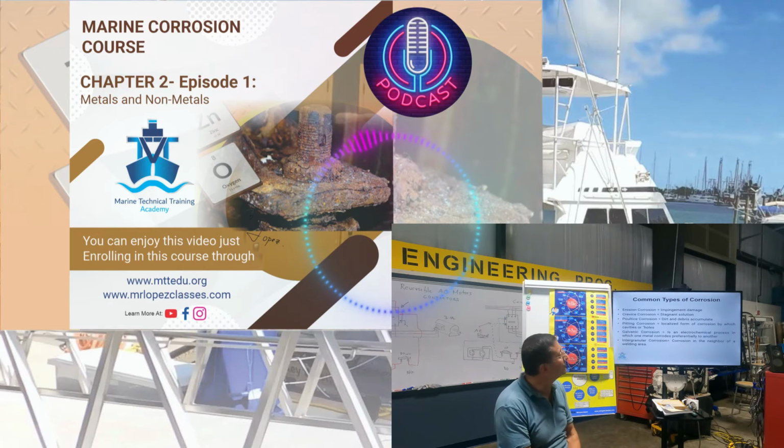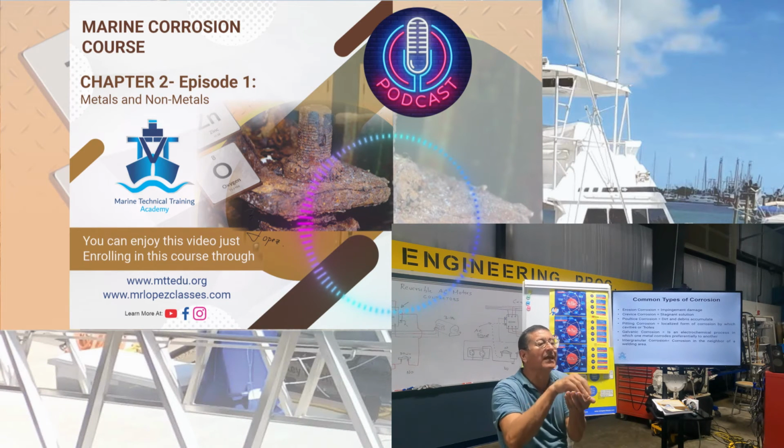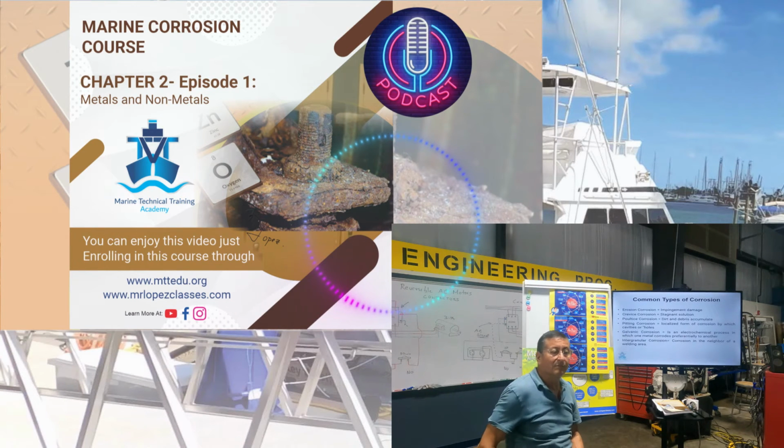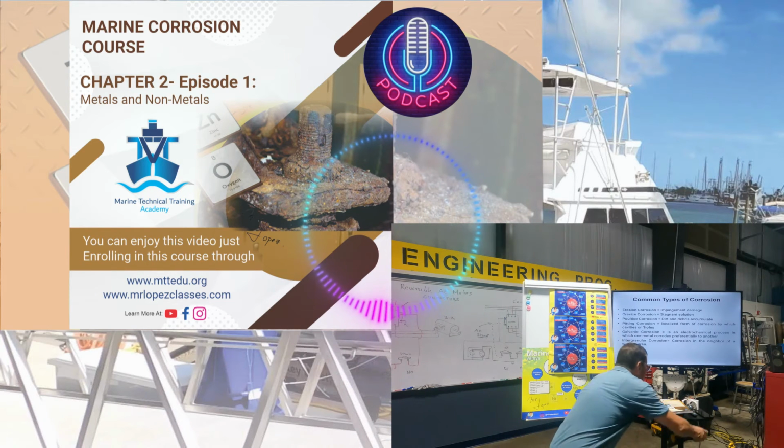Remember, when you have a molecule, for example, aluminum oxide, the element with more energy, the oxygen, absorbs electrons. This is the cathode. And the element with less energy releases the electrons. This is the anode. In your battery, you have two terminals. One terminal releases electrons, and the other terminal absorbs electrons.